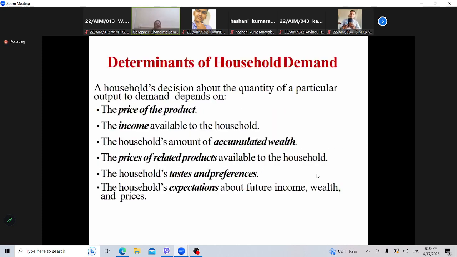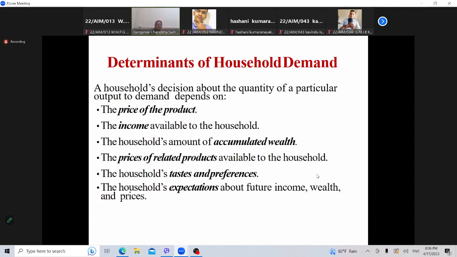So these are the main determinants of household demand: the price of the product, income, other accumulated wealth, gold or something. If he or she has more accumulated wealth, he or she may demand more and more. Then the prices of related goods, related products. Now we are discussing these related products.